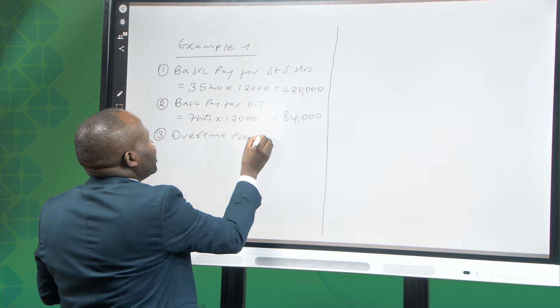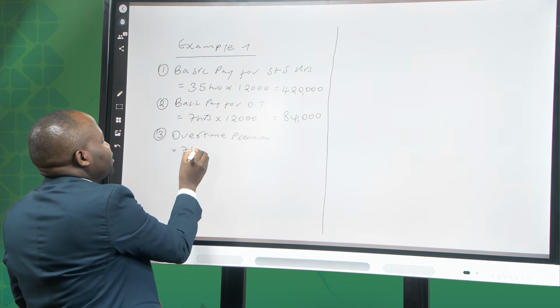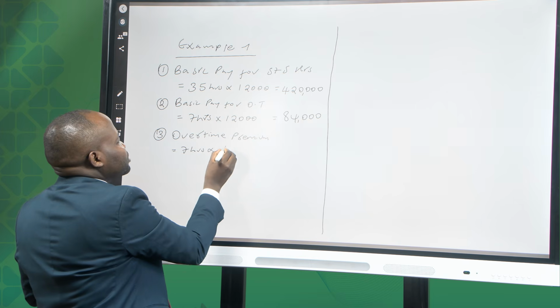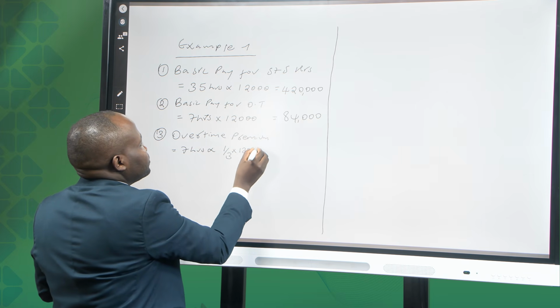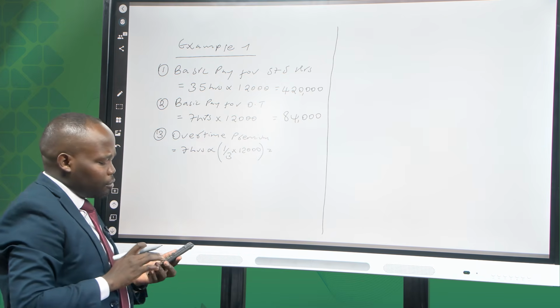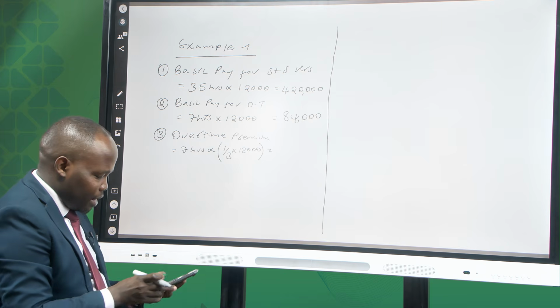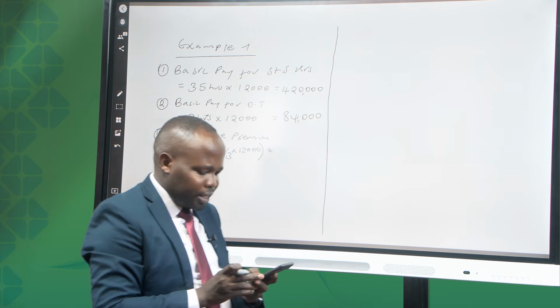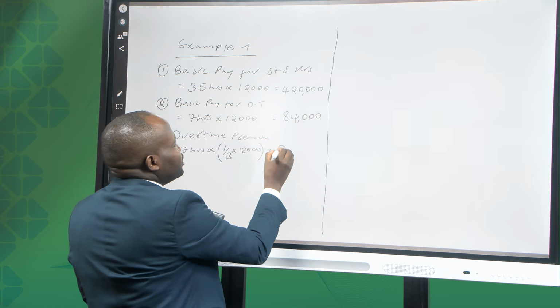For the overtime premium, we have 7 hours times a third of 12,000. It was time and a third. So a third of 12,000 is 4,000. So 4,000 times 7 hours gives us 28,000.